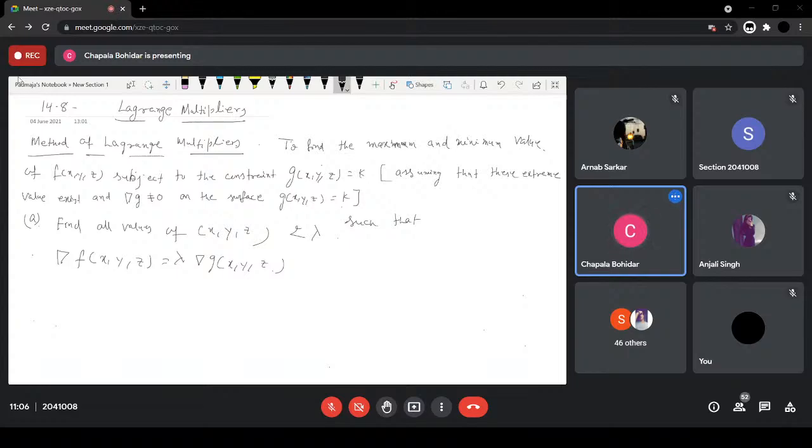Grad of g is given here. Then the constraint is g of x, y, z is equal to k, subject to the constraint given here. So we have to write it like this.